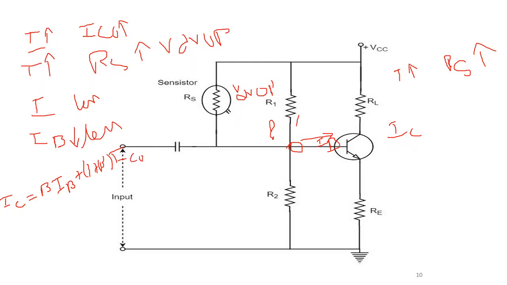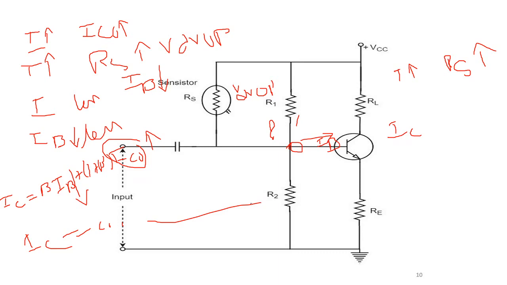Due to the temperature variation, ICO has increased, but due to the sensistor, the drop has increased, so the voltage here is going to be reduced and the current IB is going to be decreased. Indirectly, the IB current has been reduced, so that IC is going to be compensated. So it is going to be maintained as a constant.